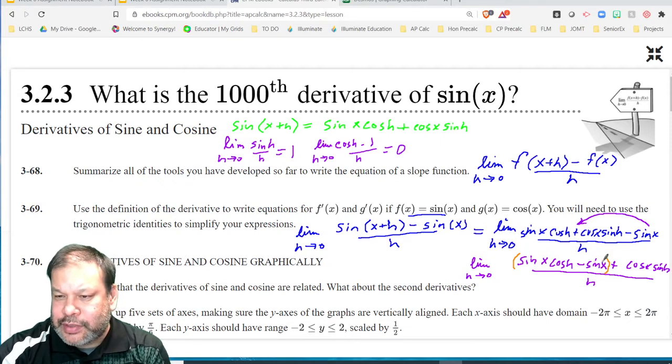And I'm also going to split this fraction up here as well, and then use it as two separate limits.